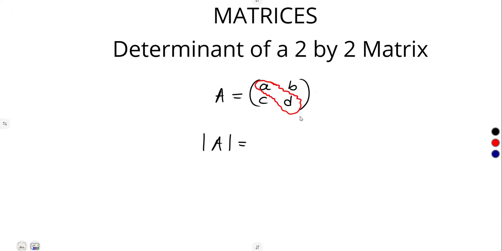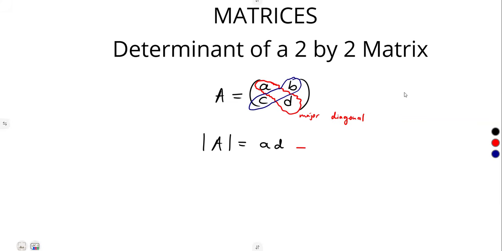This diagonal is referred to as the major diagonal. So it is the product of the major diagonal minus the product of the minor diagonal, b and c, this diagonal.